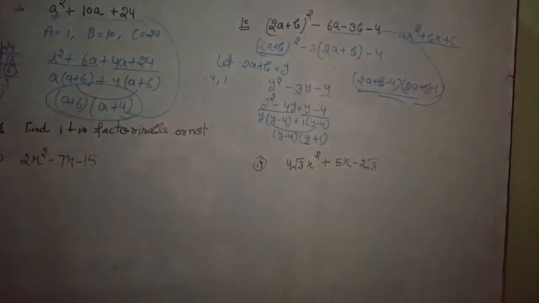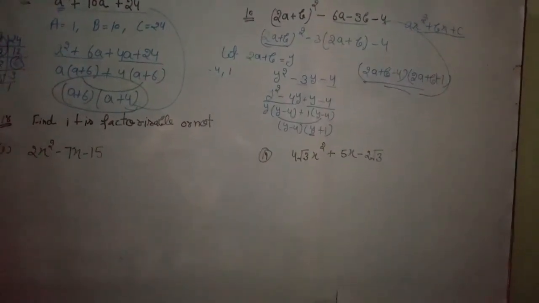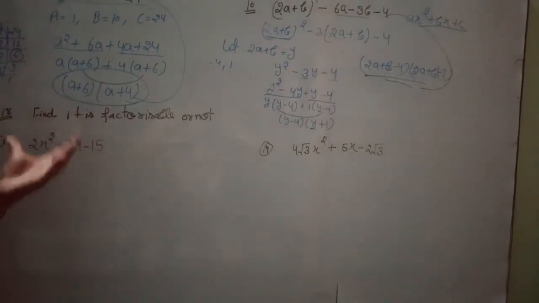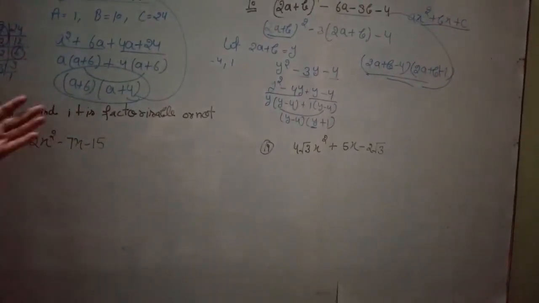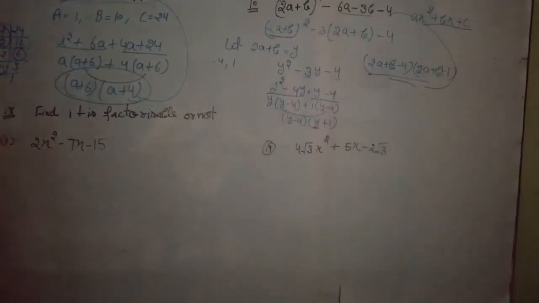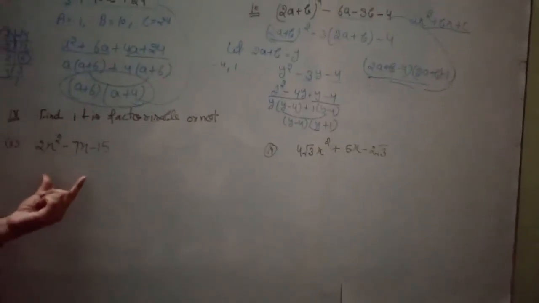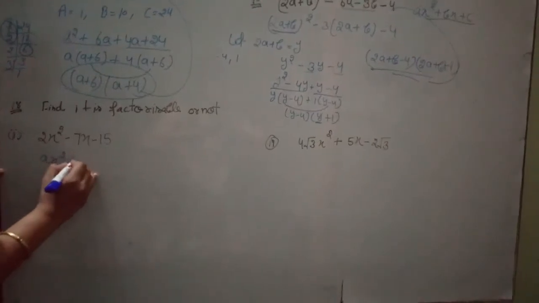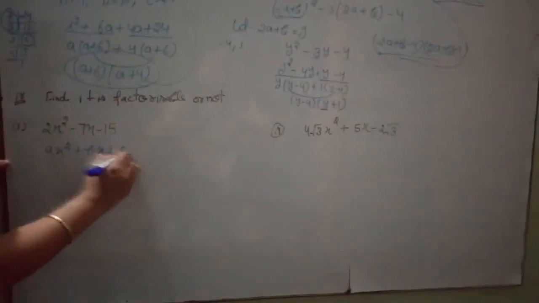Clear? Next question, question number 18. Find whether it is factorizable or not. If factorizable, then find a factor. Student, to check whether a trinomial is factorizable, we write it in the form ax square plus bx plus c.